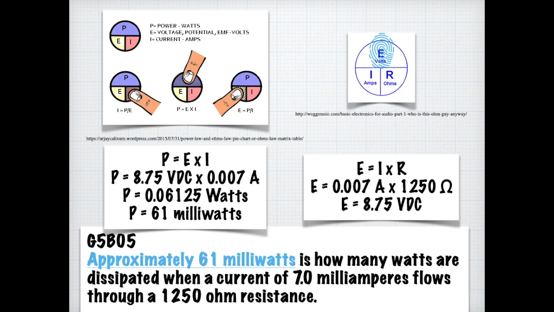So for the exam, you need to know approximately 61 milliwatts is how many watts are dissipated when the current of 7 milliamperes flows through a 1250 ohm resistor. There are two ways to approach this. You can either memorize the question and the answer, or you can work on this math and learn how to do it on the fly.